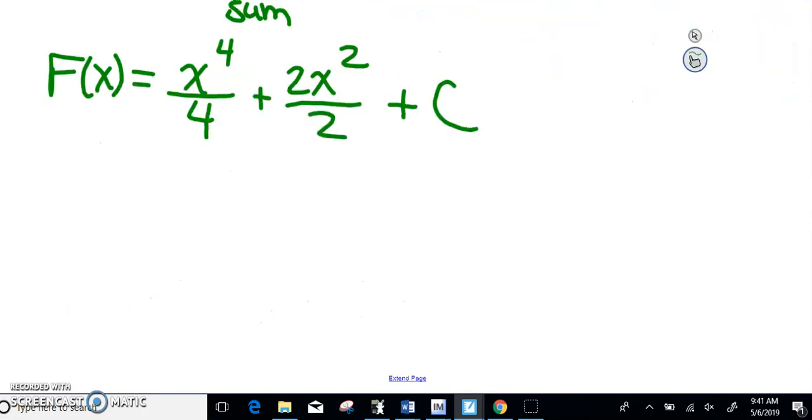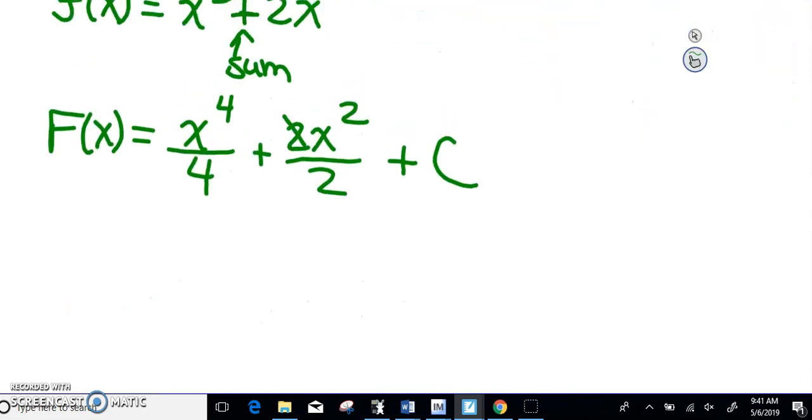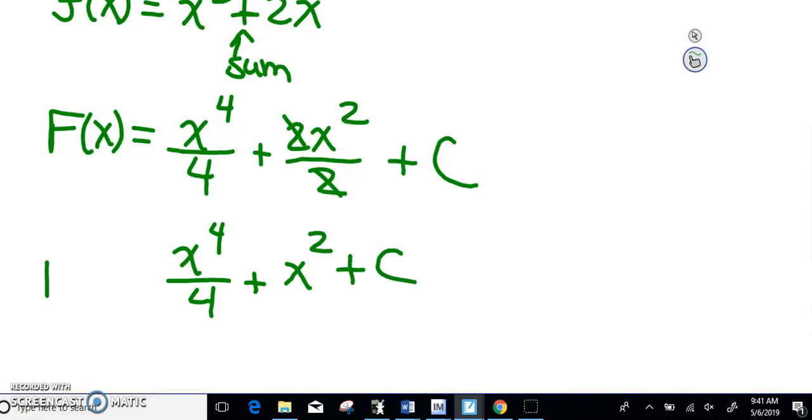So here, it's a quick thing. The 2's will cancel out, giving x to the 4th power over 4 plus x squared plus C. You can simplify it down if it's possible. And that's our answer. That's it. It's not hard at all. We got this.